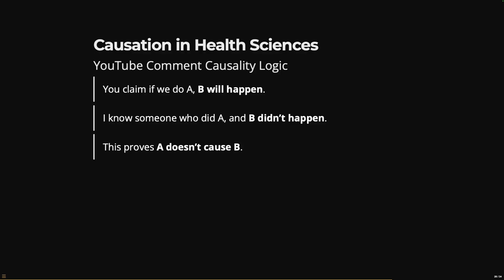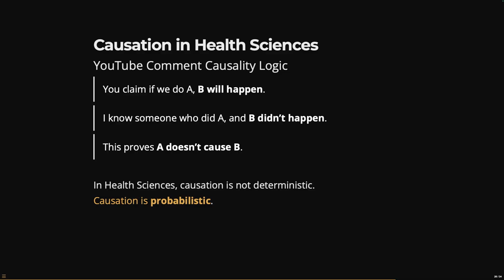This proves A doesn't cause B. I see this same kind of logic: they have one example where they know somebody who did the thing that this study claims causes something else, and they think that refutes the whole causality of the study.